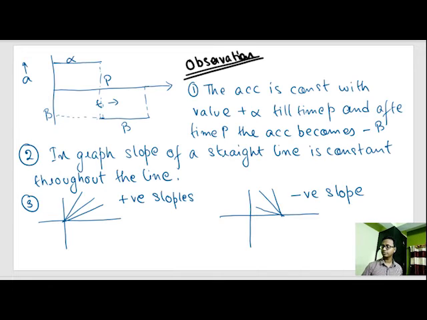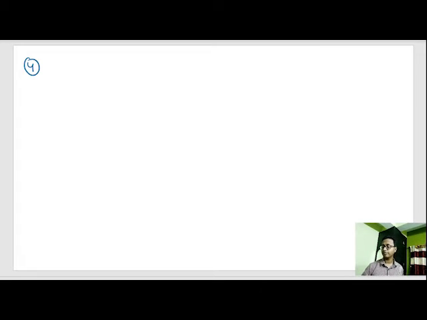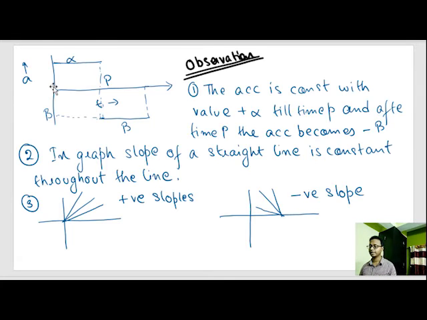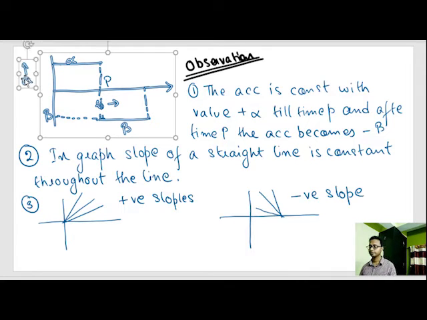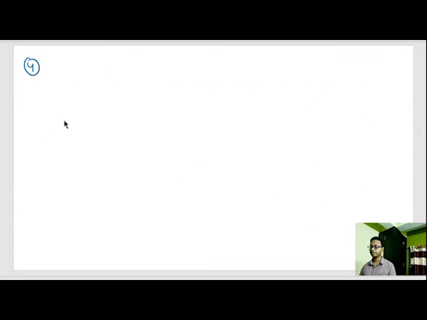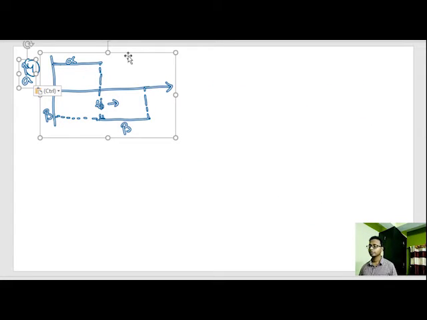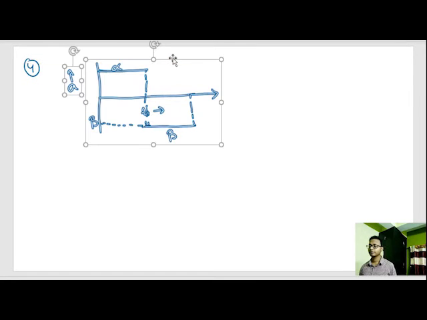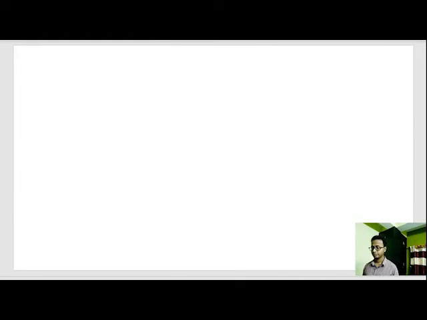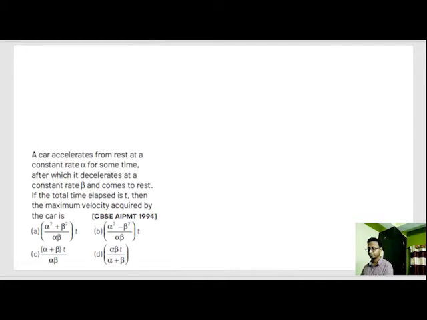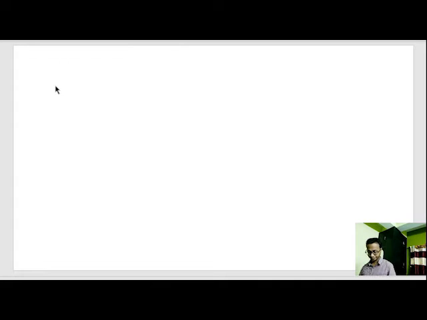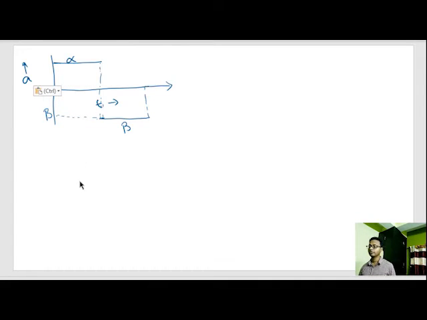Now using these 3 observations, let's try to construct the velocity time graph. Let's try to copy the acceleration time graph again, and from the acceleration time graph we try to construct the velocity time graph.